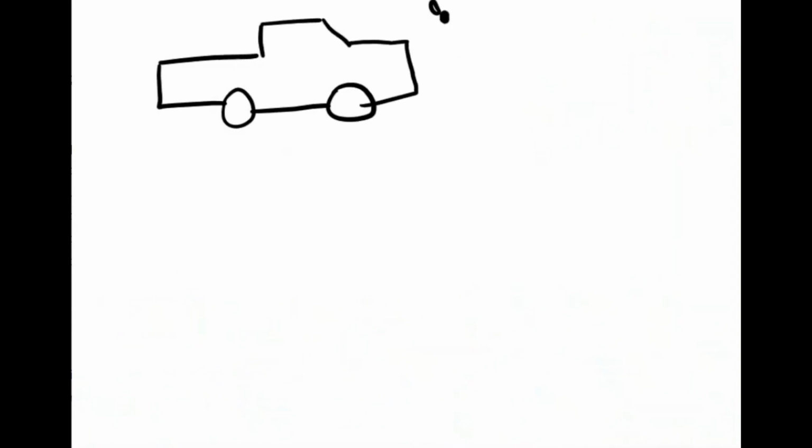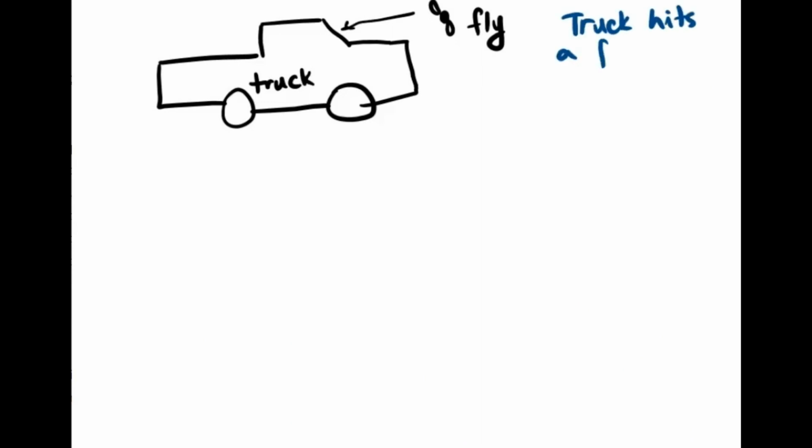So let's take a look at another example. This time we have a truck, and let's say a fly is flying and it hits the windshield of the truck. So the truck hits the fly and the truck is applying a force to the fly.